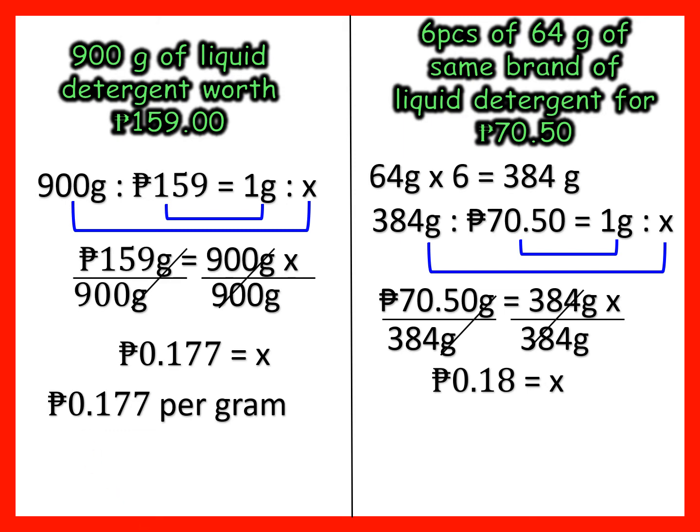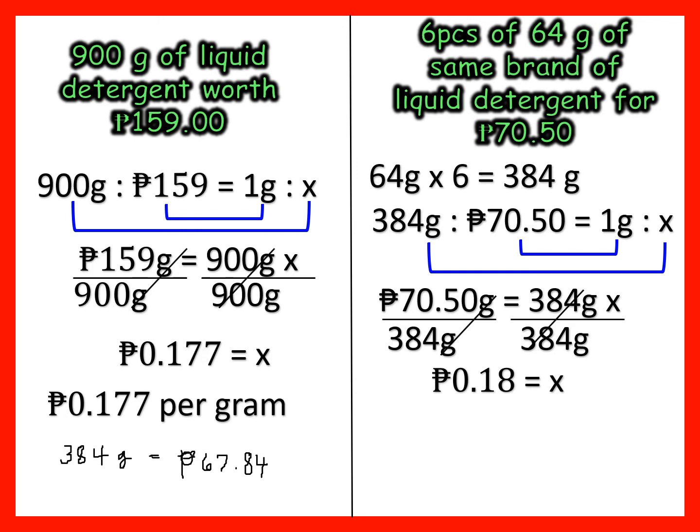So let me use a writing material here. Let me use color black. Okay, so therefore, with this rate, 384 grams is 67 pesos and 84 centavos.